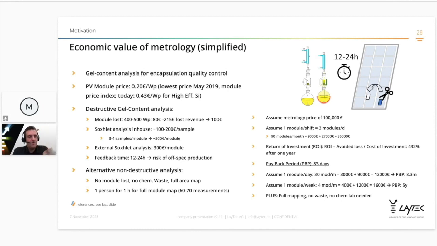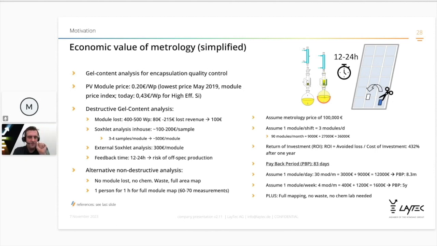And if you compare all that to the non-destructive analysis, and even ignoring all the risk you take out of your production because you're now doing a full mapping and you don't have any ongoing production, if you take all this into account and assume that you sample about one module per shift, this will bring you to a return of invest of several 100% after 1 year, and to a payback period of, depending on the sampling mode and your actual costs, somewhere between some months and a very low number of years.